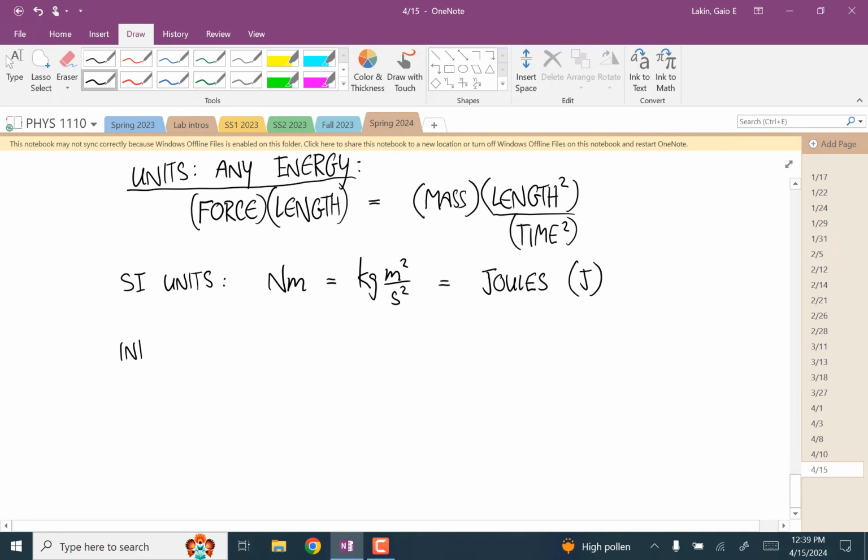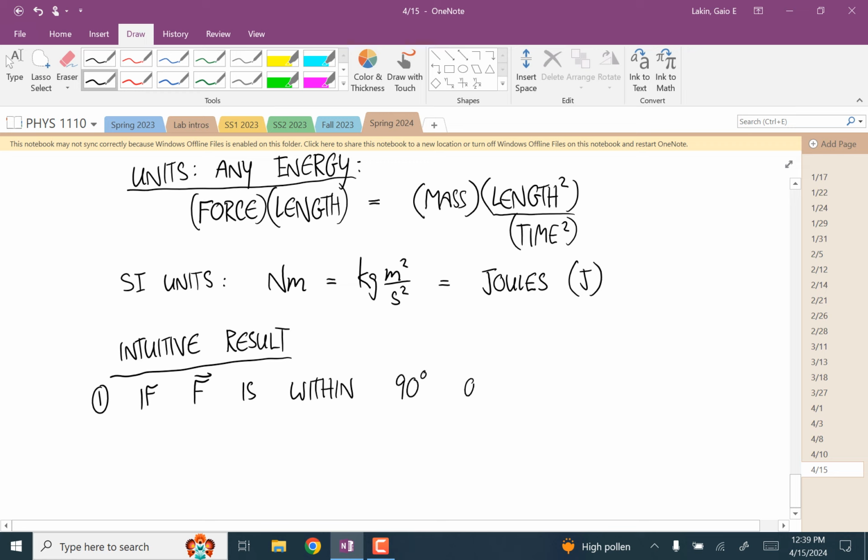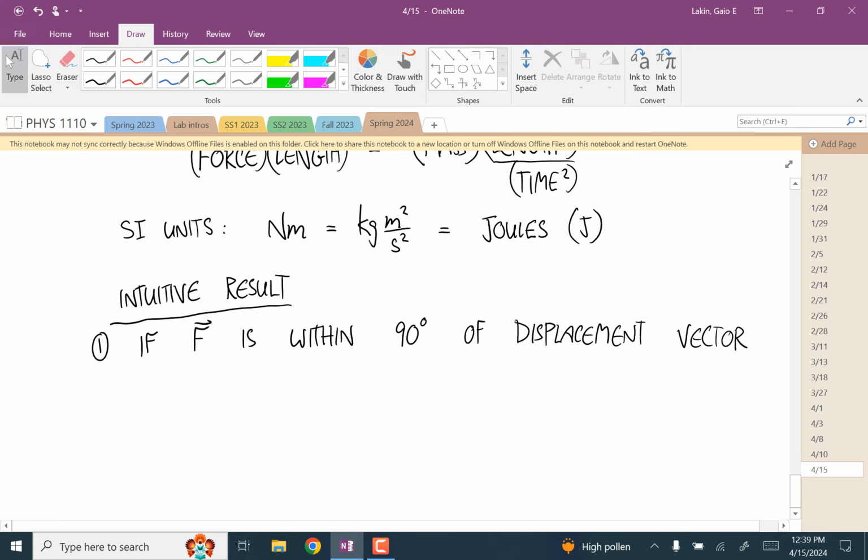Okay, the intuitive result here, the thing I want you to keep in your mind as you think about values for work, is first, if the force vector is within 90 degrees of the displacement vector, so we're talking about like you could have a force going this way while the displacement is going this way.